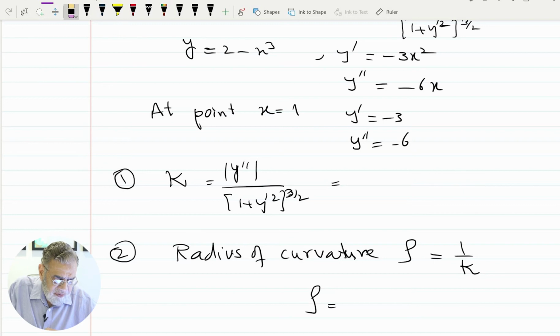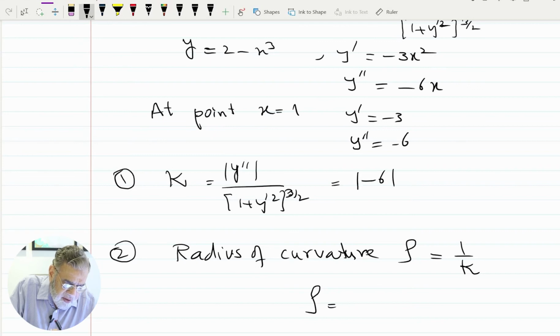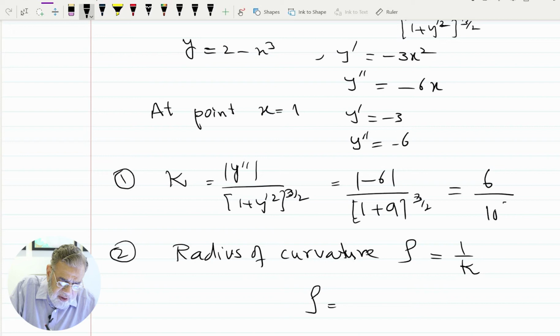Now y double dash is minus 6, so we take the absolute value of that, over 1 plus 3 whole square, which is 9, to the power 3 by 2. The absolute value of minus 6 is 6, as I told you, we always have this as positive, over 10 to the power 3 by 2.